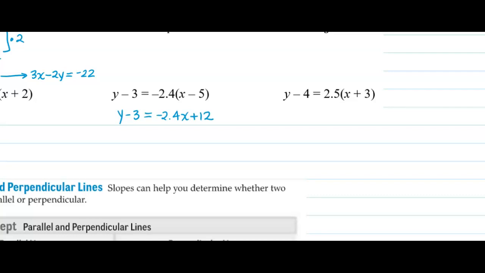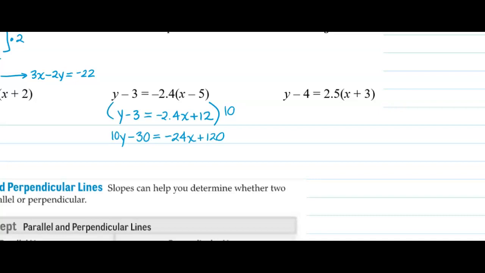In order to get rid of this decimal, if I multiply this entire equation by 10, I'll end up with 10y minus 30 equals negative 24x plus 120. I no longer have a decimal. A decimal is just as illegal as a fraction. We have to have all integers.